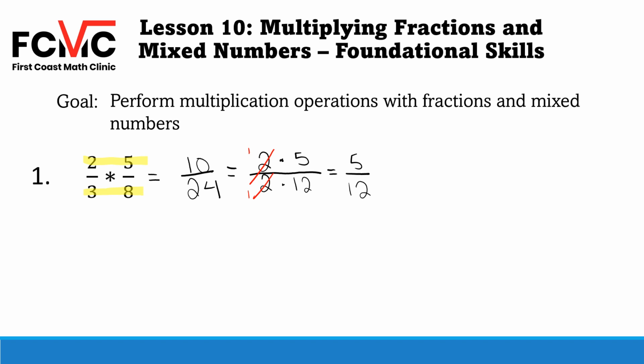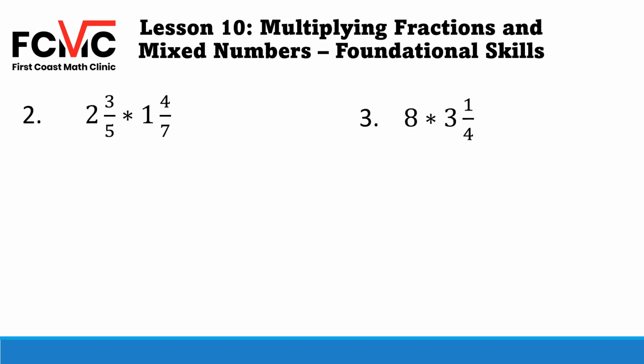Let's get into a couple more examples where we're multiplying fractions and mixed numbers together. So for number 2, we've got 2 3/5 times 1 4/7. What I like to do to multiply our mixed numbers is convert these to improper fractions first. I have another video on converting between mixed numbers and improper fractions.